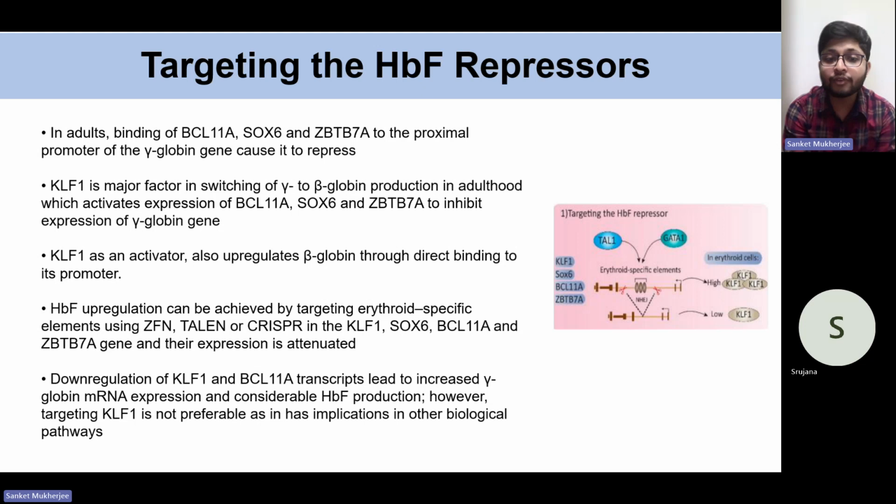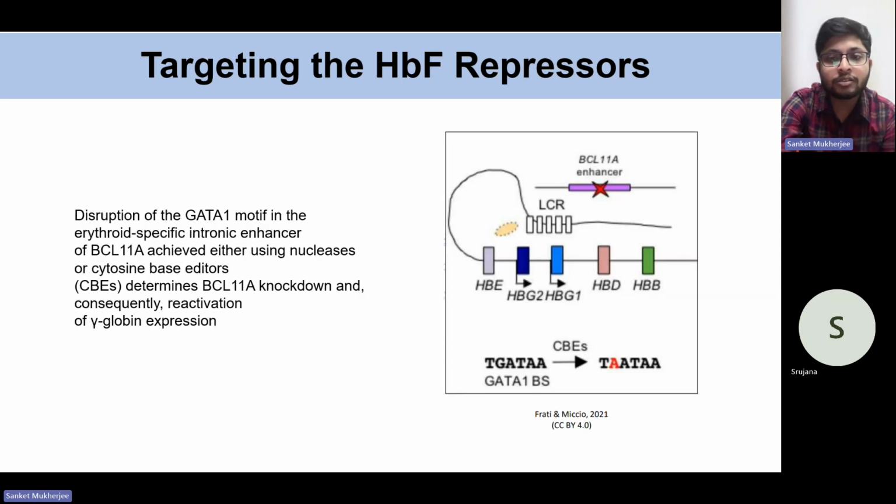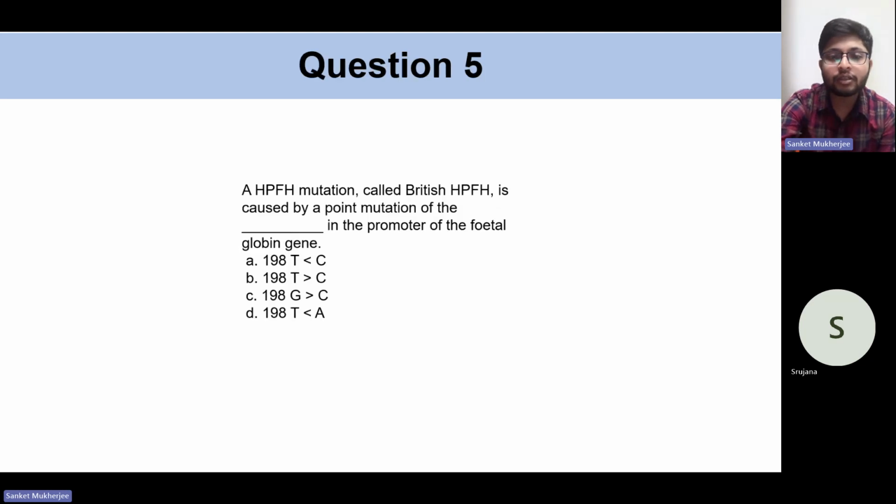However, targeting KLF1 is not preferable as it has implications in other biological pathways as well. So disruption of the GATA1 motif in the erythroid-specific intronic enhancer of BCL11A, achieved through nucleases or cytosine base editors, determines BCL11A knockdown and consequently reactivation of gamma globin. So that's how it is done.